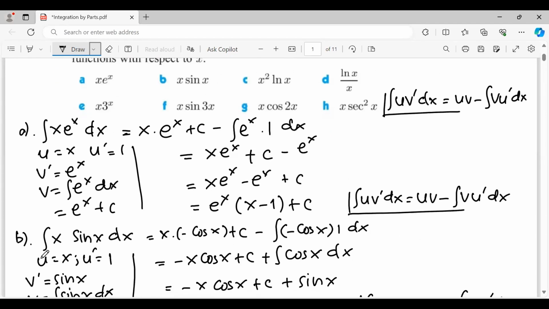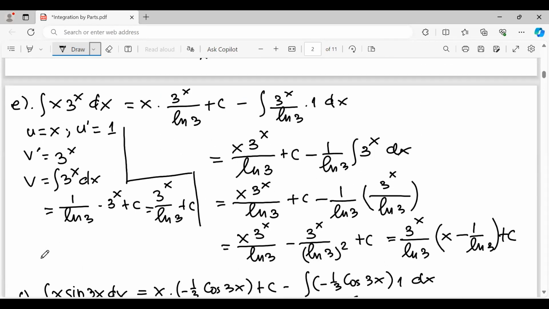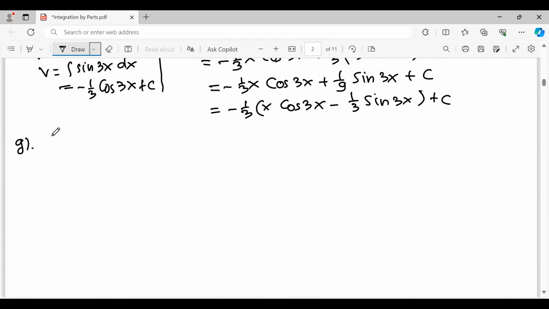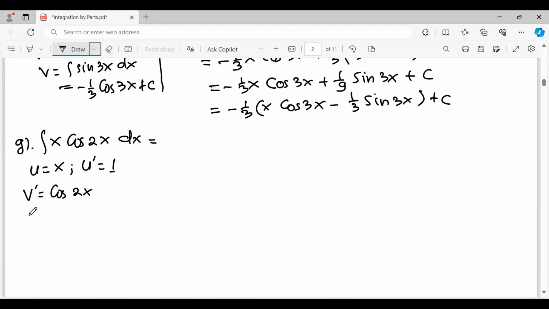x cosine 2x. Okay, so u equals x, so derivative u equals 1, and derivative phi is cosine 2x.